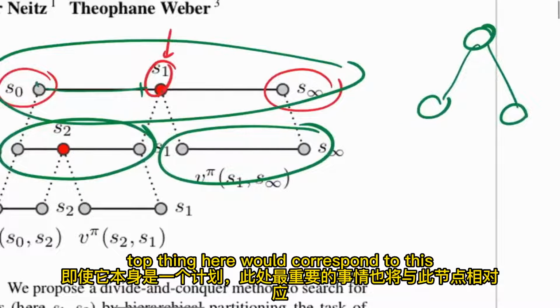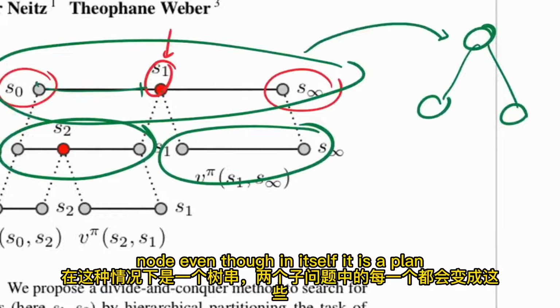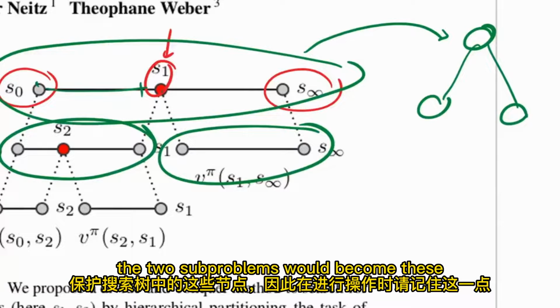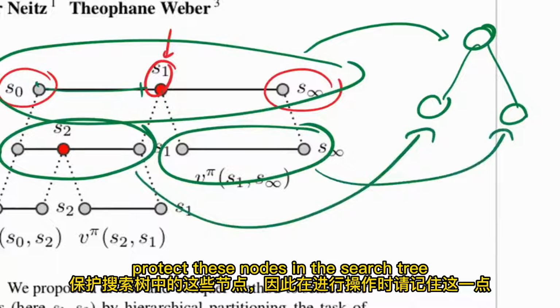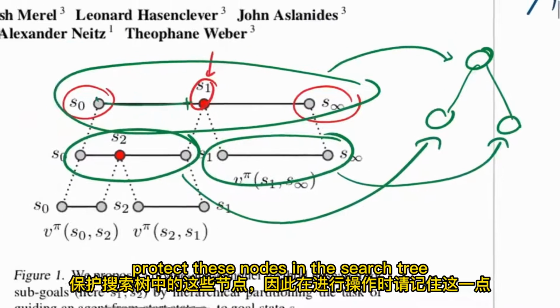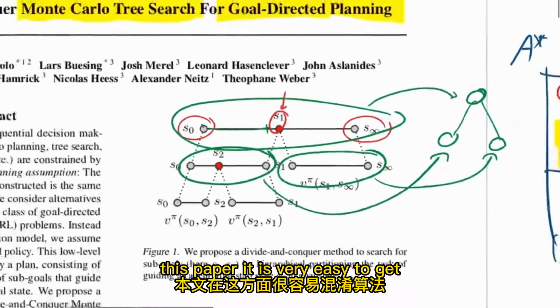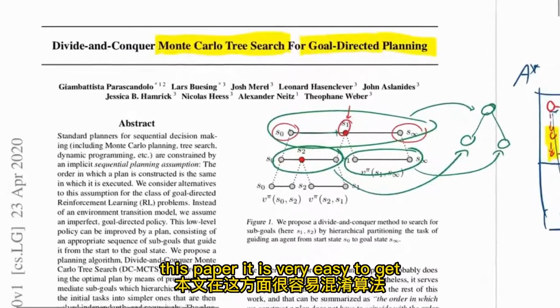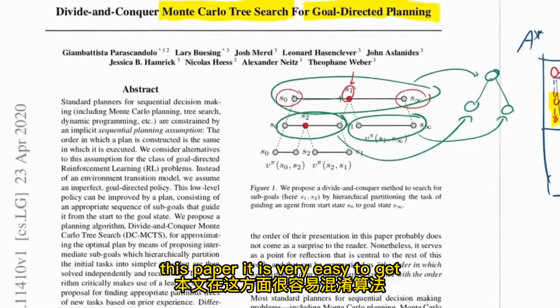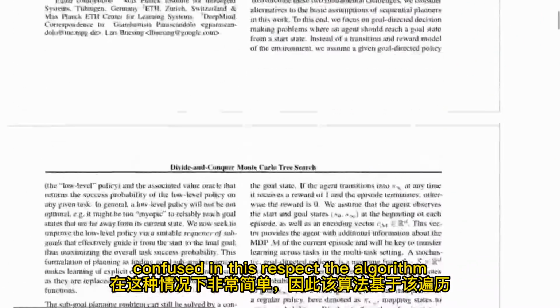So you see that this top thing here would correspond to this node, even though in itself it is a plan, a tree, a string in this case. And each of the 2 sub-problems would become these nodes in the search tree. So keep that in mind as we go through this paper. It is very easy to get confused in this respect.